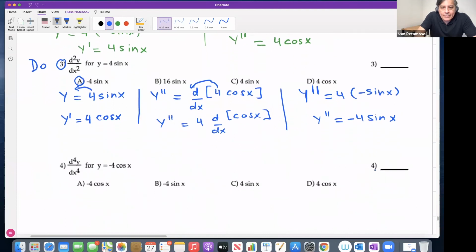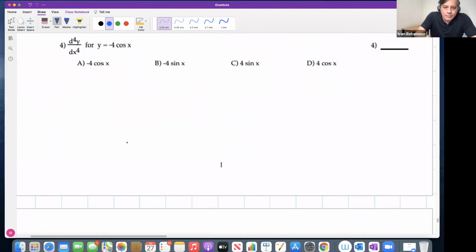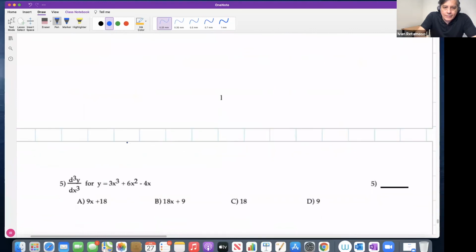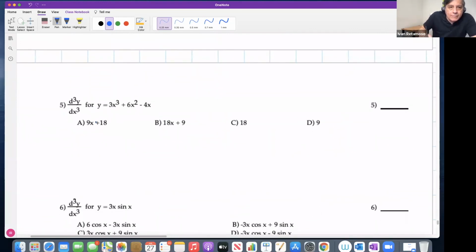Now, this one deals with a fourth derivative, but you continue taking derivatives in this fashion, right? So this shouldn't be that difficult. Probably we should look for something different. This one now. Can you try number 5? It deals with taking the third derivative of this polynomial function, right? Professor, how do you know it's the third derivative?